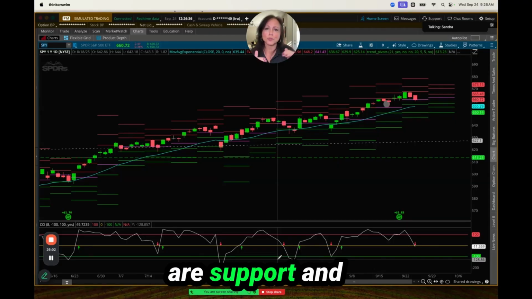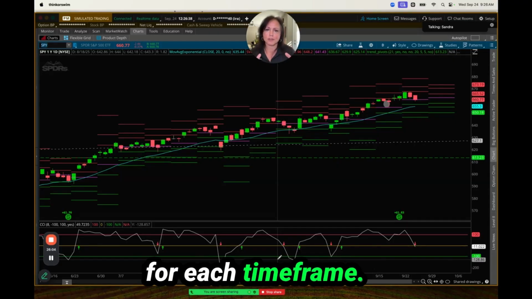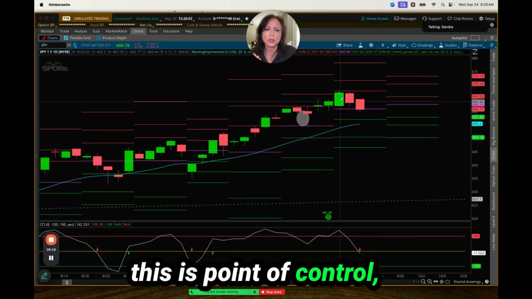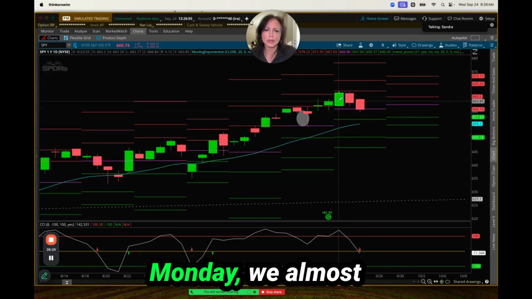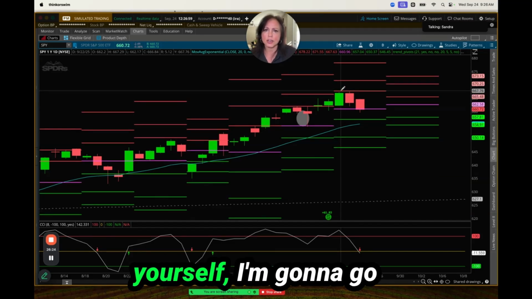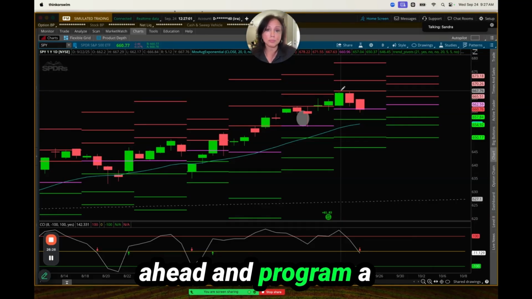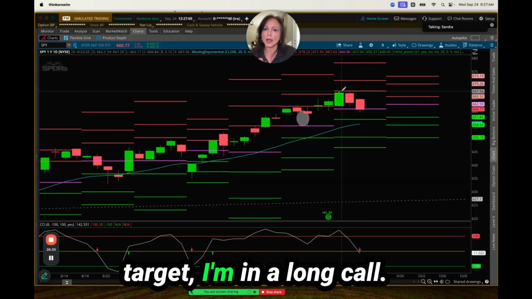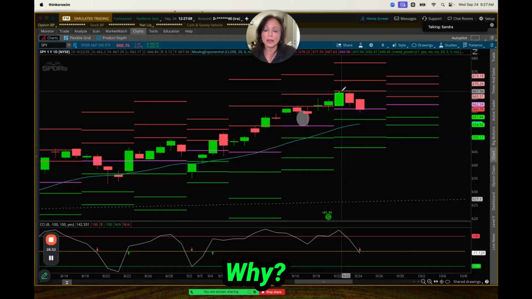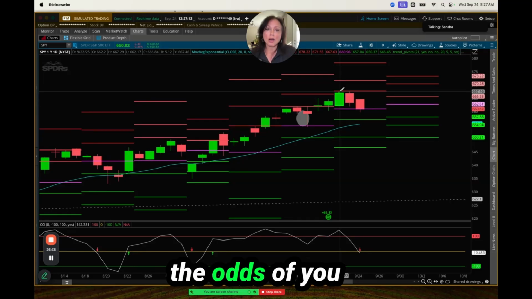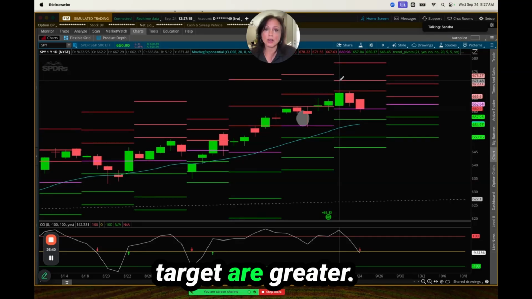If there are support and resistance levels for each time frame we're trying to analyze, okay, I understand that this is point of control, but as you can see on Monday, we almost hit the first target. So with that in mind, you could say to yourself, I'm going to program a trade that says if we break above that first target, I'm in a long call. Why? The reason is because if you break above resistance, then the odds of you hitting the second target are greater.